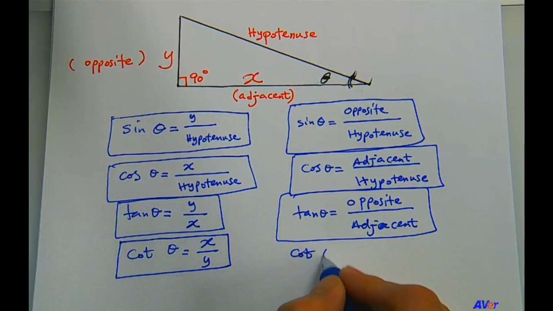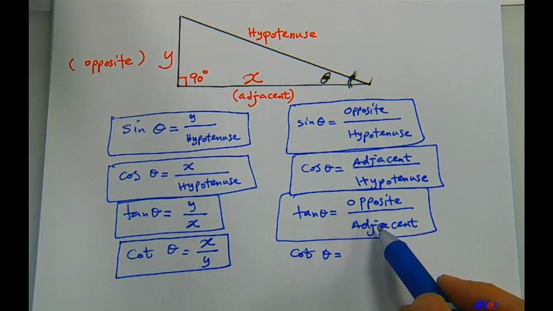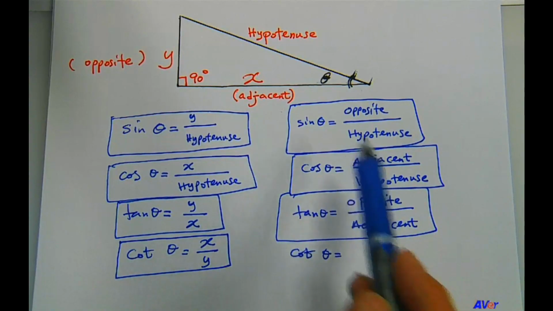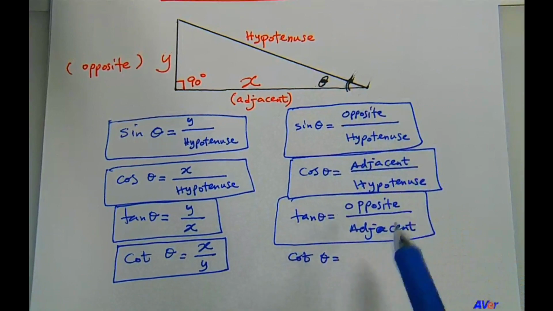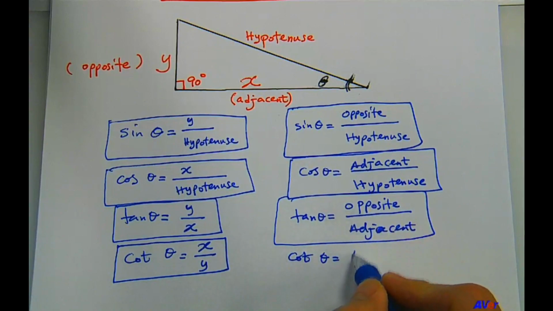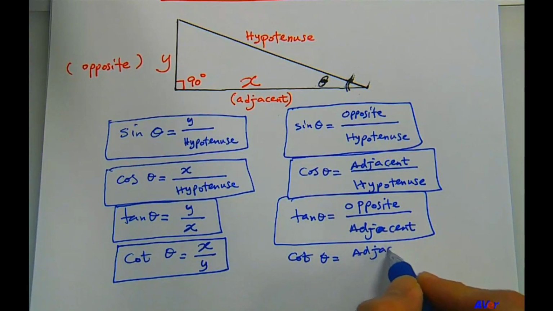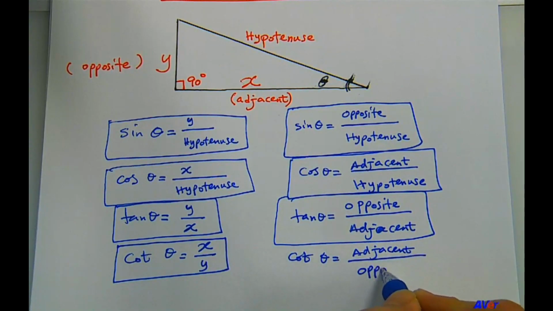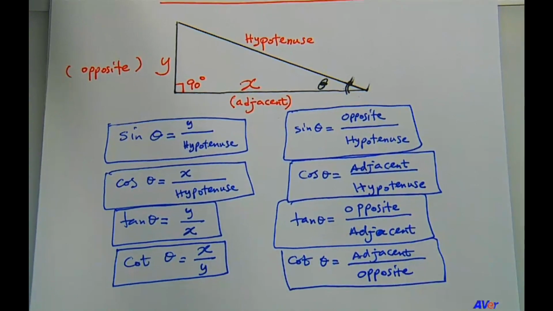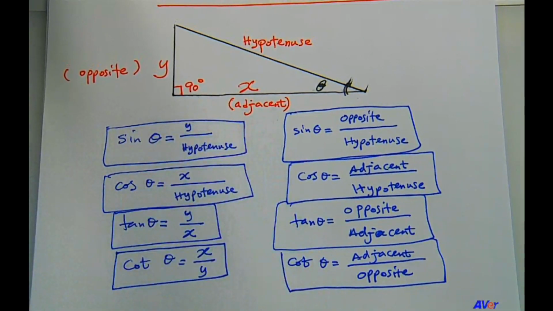And cotangent of theta would be the adjacent over the opposite. Okay, that's all shown in the figure.